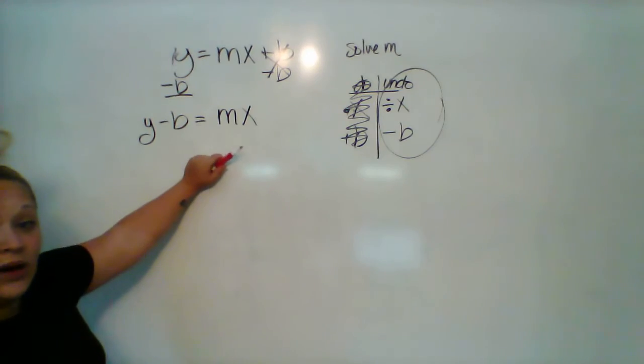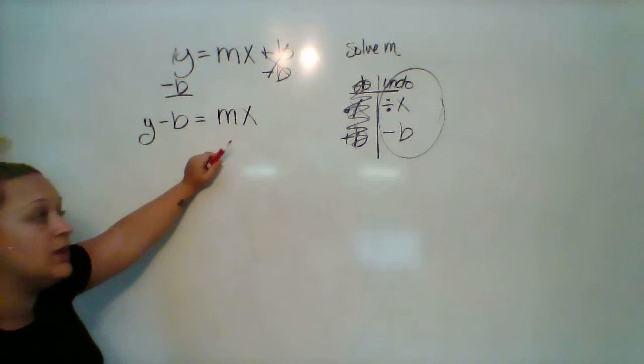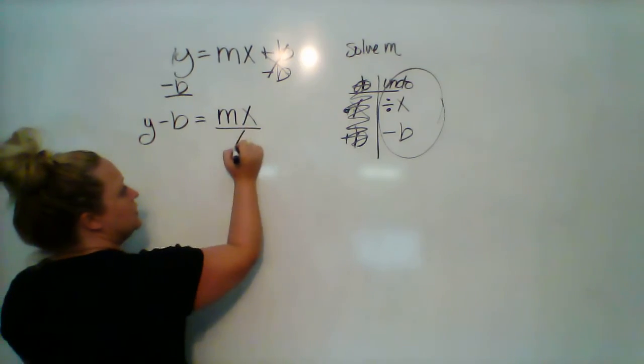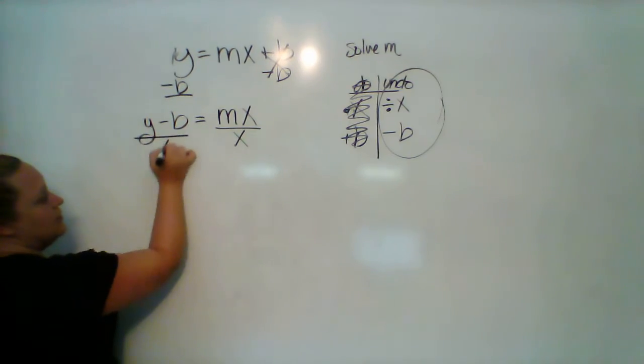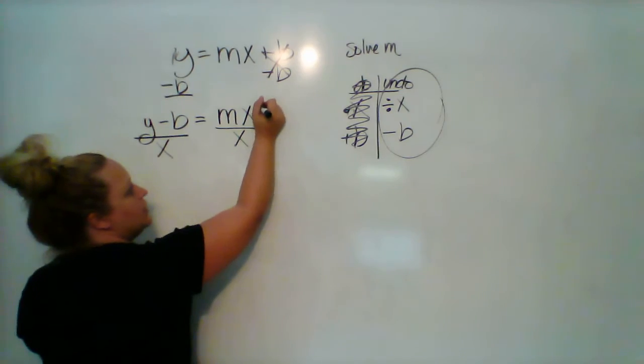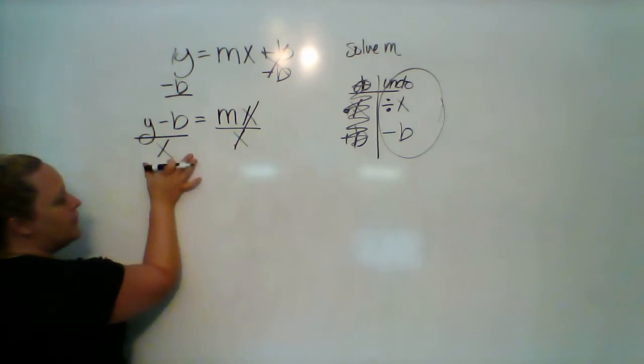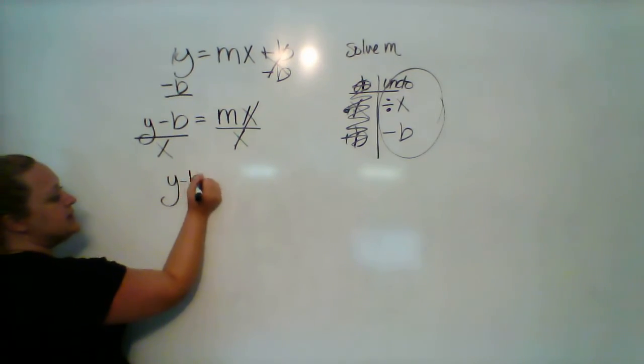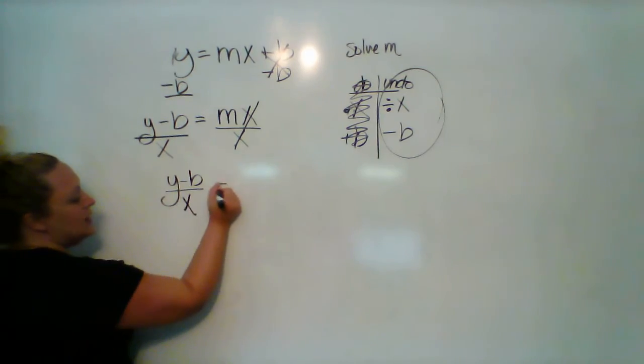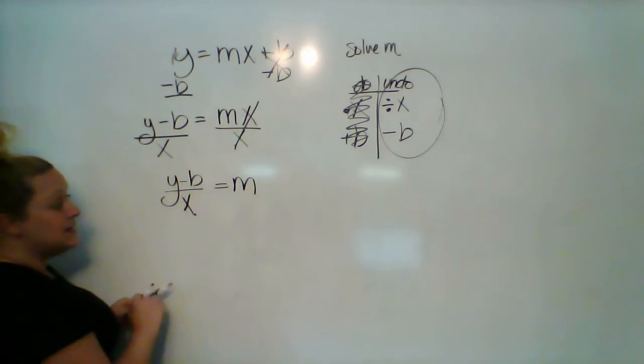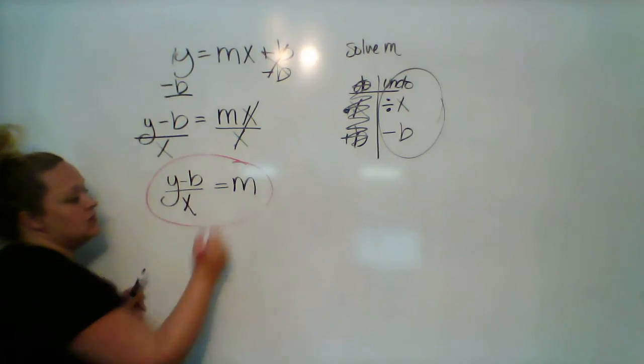So now I still want m by itself, but m is being multiplied by x. So the opposite of multiplying by x is to divide by x. The x's would cancel. So now on this side I have y minus b divided by x equals m. This is your answer.